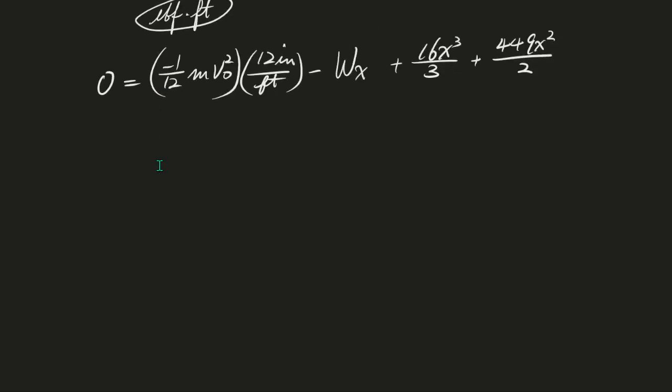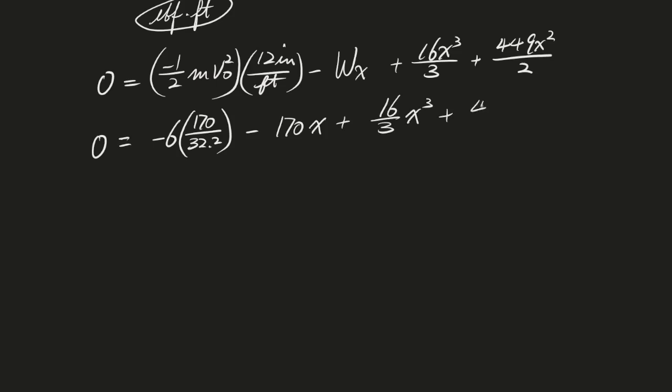Okay. Let's plug in more numbers. I have 0 equals 12 times M, where M is 170 pound force divided by 32.2 feet per squared second, and then minus 170 pound force multiplied by x plus 16 over 3 x cubed plus 449 over 2 x squared.